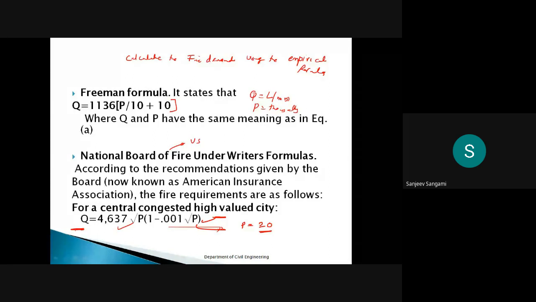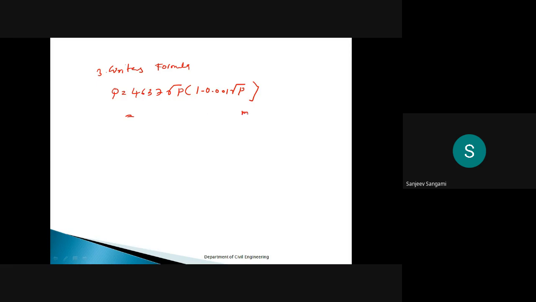You substitute the P as 20 here. If you substitute it, you will also get it in liters per minute.